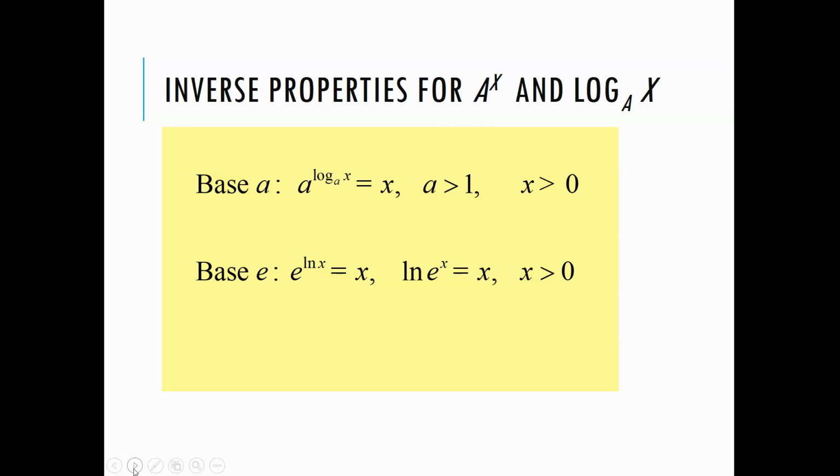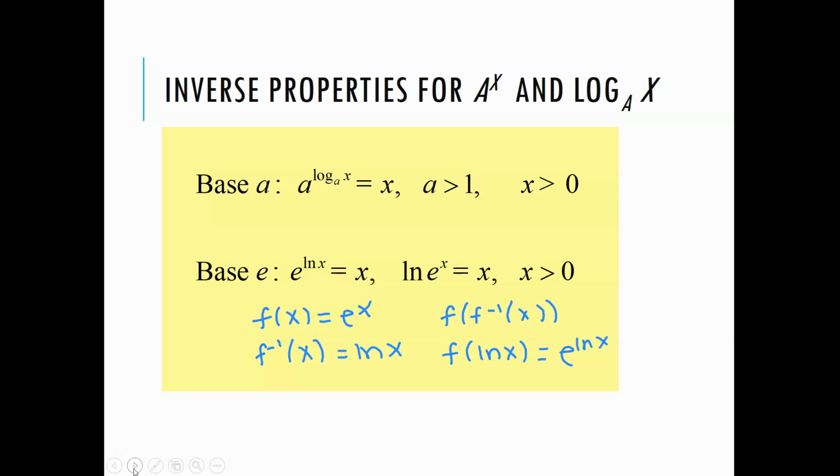We know that we like to do function composition to get to the identity. That's what we're taking as an example here. That's like saying f of x equals e to the x. Its inverse, f inverse of x, equals the natural log of x. If you take f of f inverse of x, that's like taking f of ln x, which is like saying e to the ln of x, which equals x.